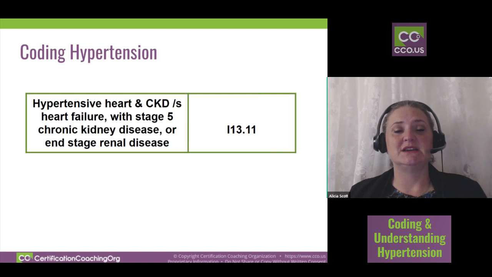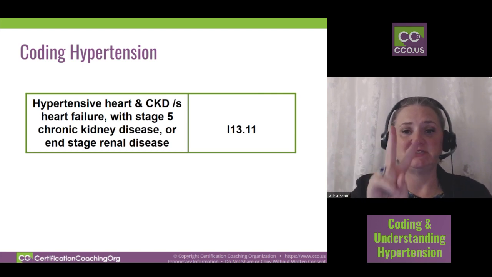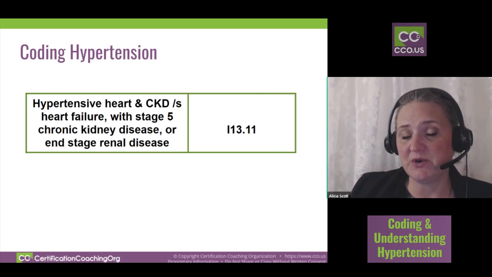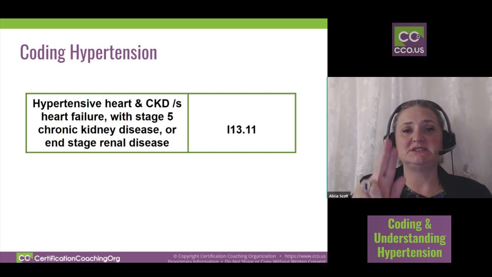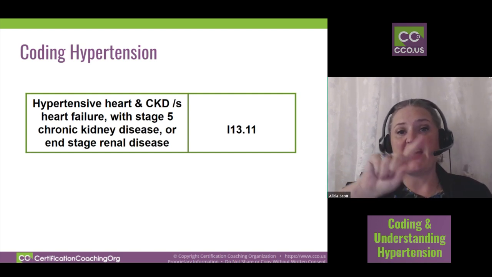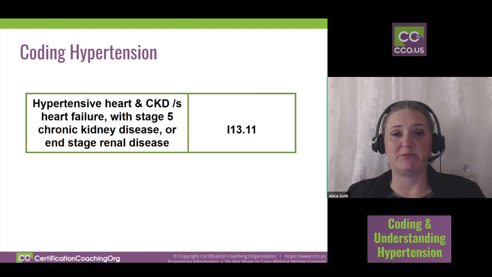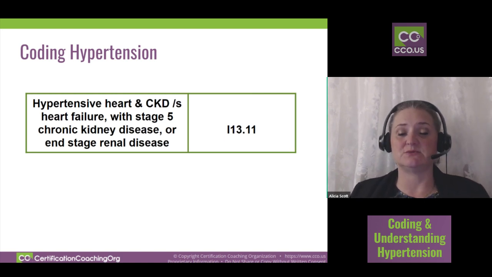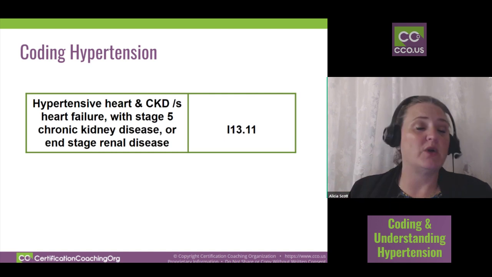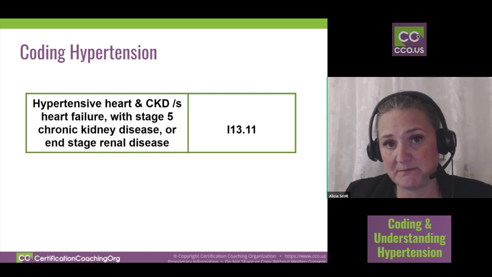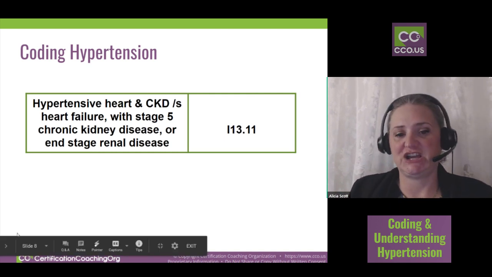I12 is hypertension, CKD, two things. And then I13 is hypertension, CKD, and heart failure. That's what I want you to have memorized. Those three things. So write those down in your notes, however it helps you to remember them. Very good, very good.